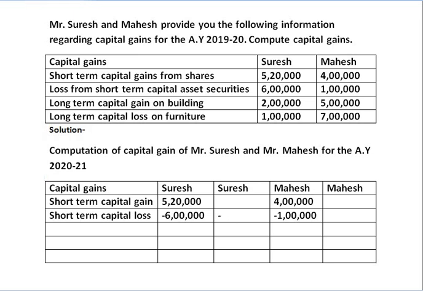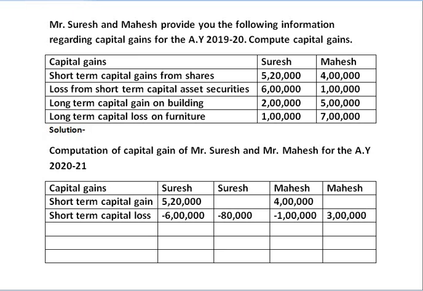So minus 80,000 is taken to the outer column of Mr. Suresh, as this loss has to be set off further with some gain. In case of Mahesh, the capital gain is 4 lakh wherein the loss is 1 lakh. We get a positive figure of rupees 3 lakh which has to be taken to the outer column.